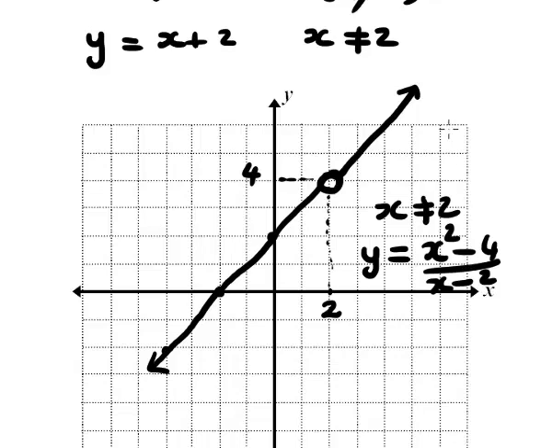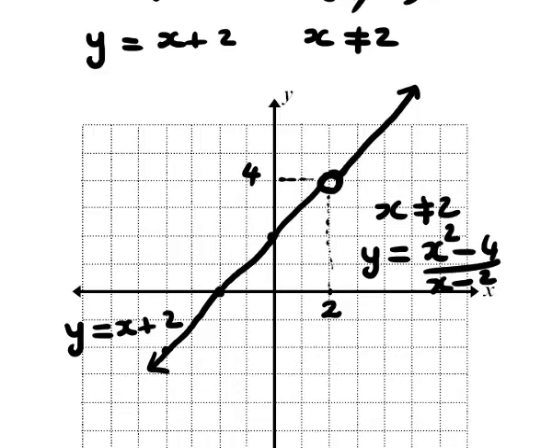When you simplify that, you get the straight line y equals x plus 2, but this graph, x squared minus 4 over x minus 2, is not defined at 2. It's the original graph. When you tidy it up, you get a linear function, a straight line, but x may not be equal to 2.